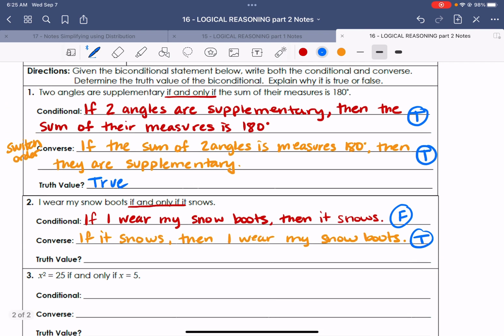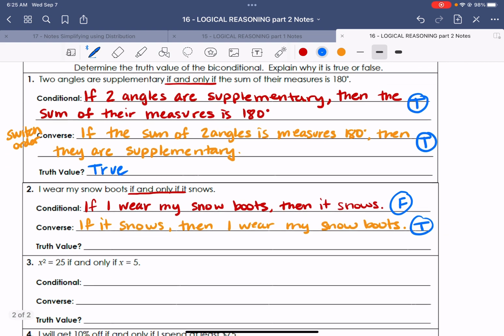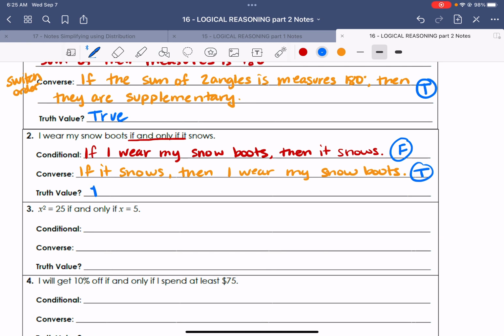But we said at the top, both have to be true for the whole biconditional to be true. So is it true? No, it's false. It's false because the conditional is false.